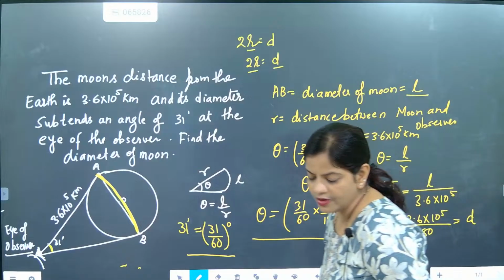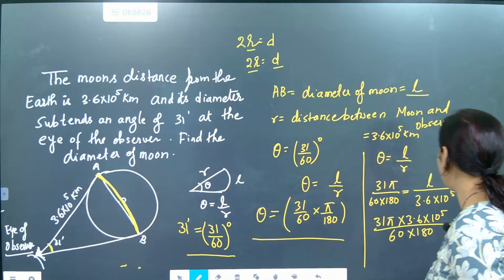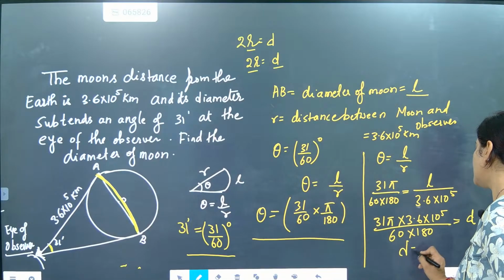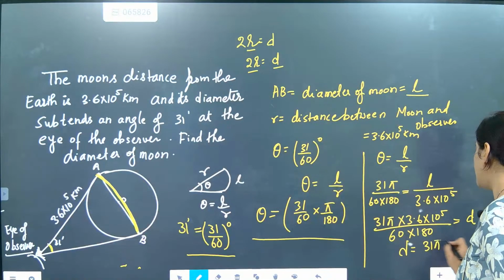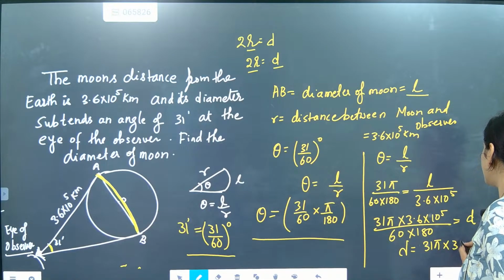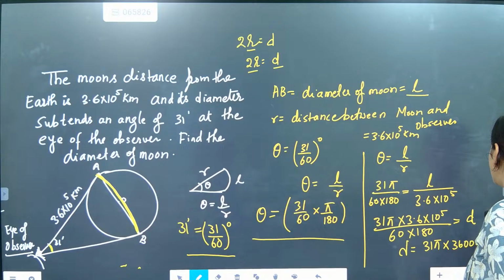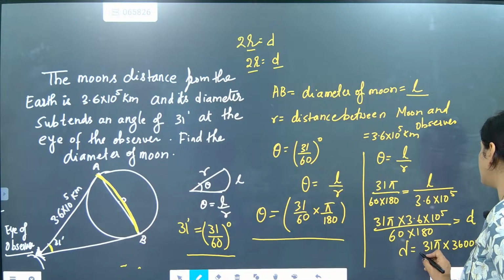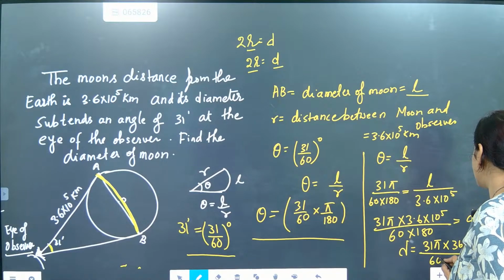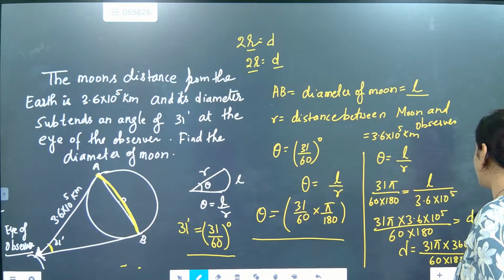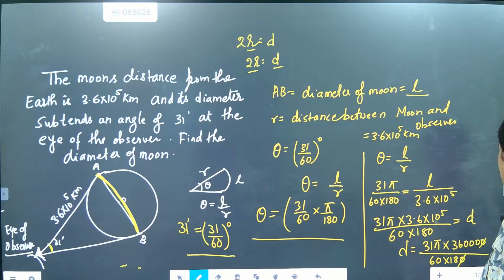When we multiply, that many kilometers is the answer. Five zeros are there, so you move one decimal, and the zeros cancel with the zeros in 180, so 600 is coming.